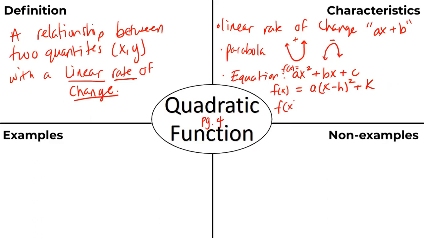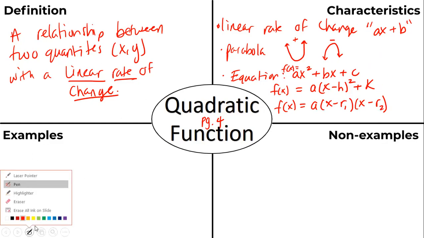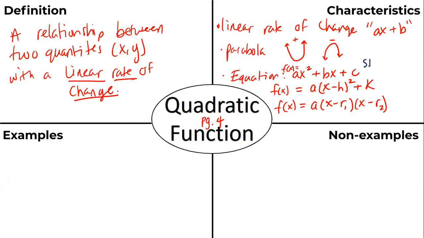And our last form is our root form, which is f of x equals a times (x minus r1), which is root 1, times (x minus r2), which is root 2. So we have standard, vertex, and root. The one that you probably used the most often or saw was standard.